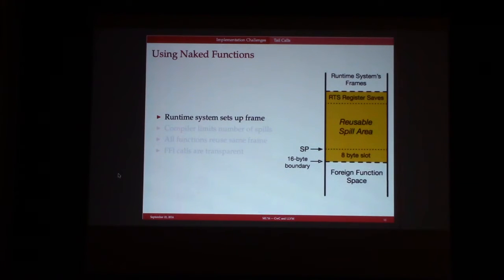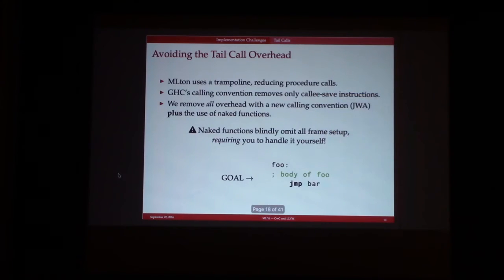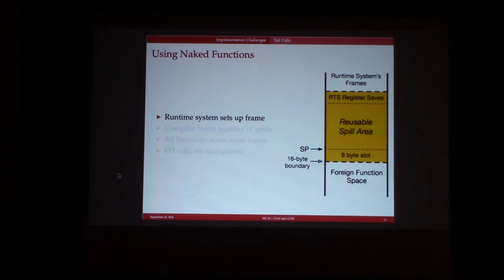So the basic idea, by the way, for naked functions, is we mark every function as naked because we don't need a frame, and we will handle setting up the frame ourselves. So that's what we do. In order to use naked functions, the runtime system sets up the frame, and it sets it up once. And the idea is we set up one large reusable spill area that can cover basically every function that needs stack space for temporary register spills.